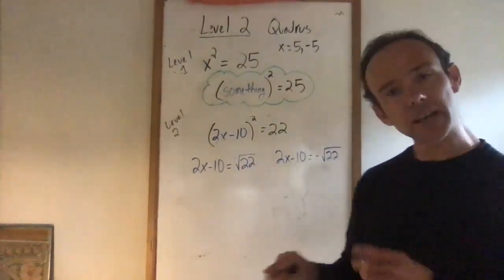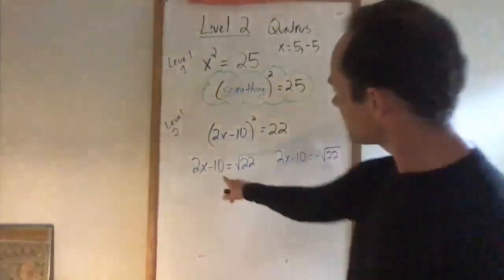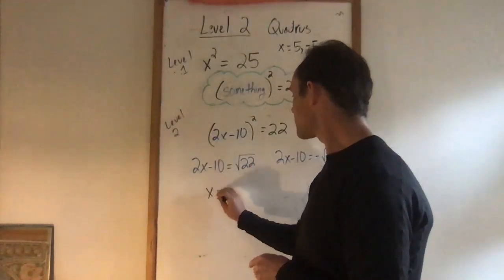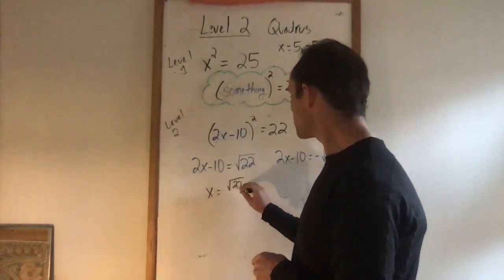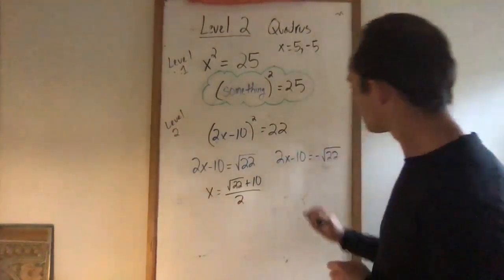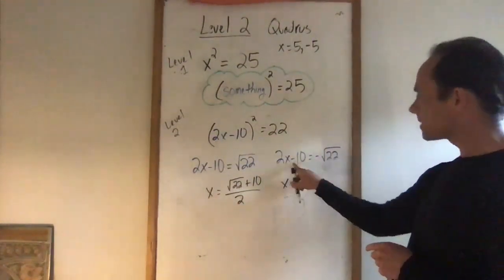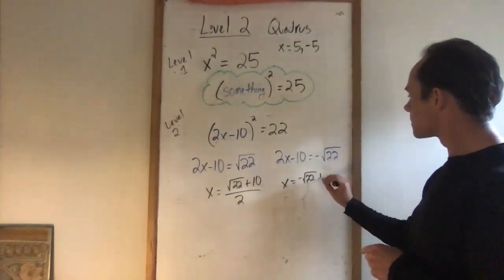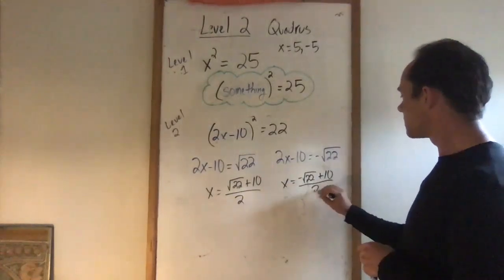In both instances, I have to do the same algebraic steps. I'm going to have to add 10 and then divide by 2. So I get x is equal to the square root of 22 plus 10 divided by 2. Similarly, over here, I have to add 10 and then divide by 2.